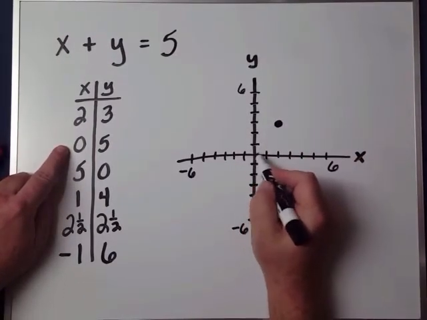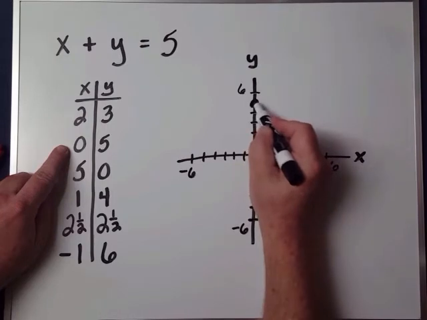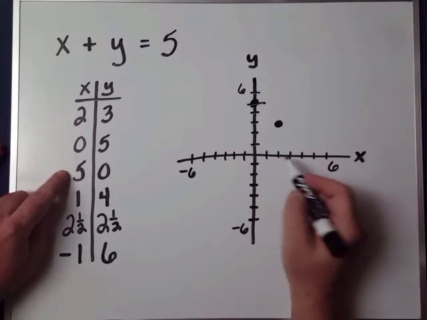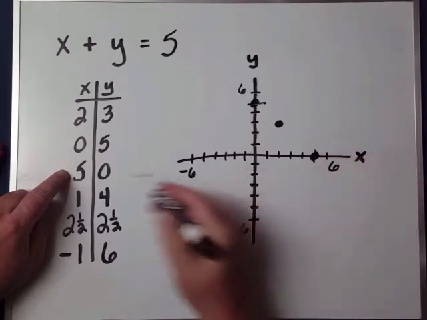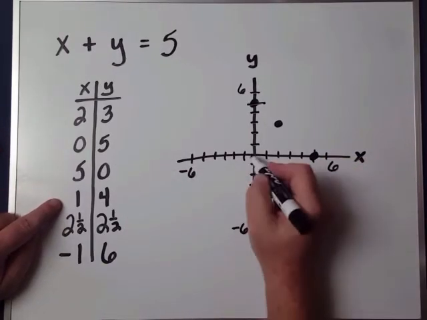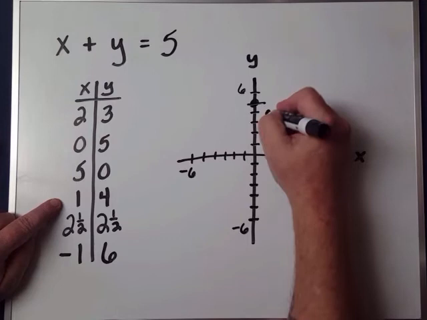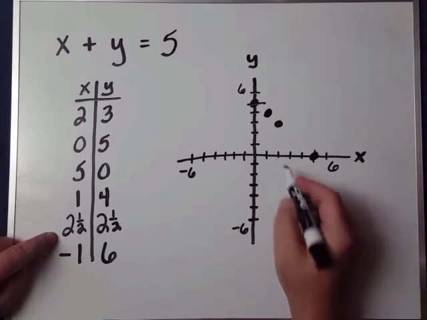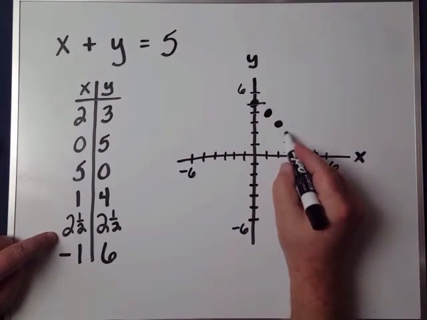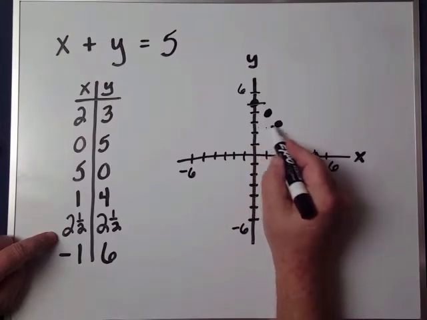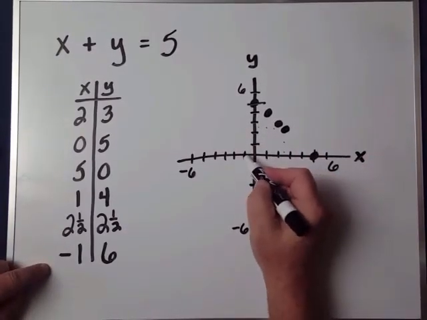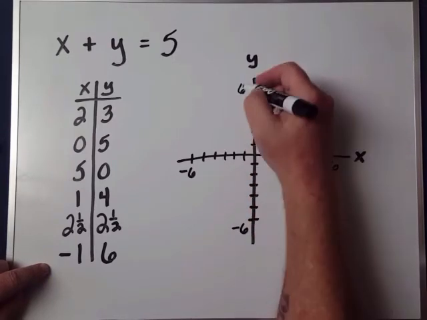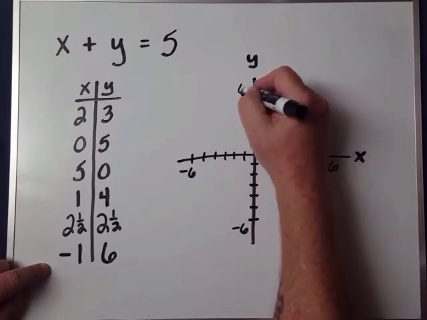No motion in the x direction, up to 5 on my y-axis. The point 5, 0, here at 5 on the x-axis, with no motion up or down. The point 1, 4. 2.5, 2.5, about right there. -1, +6, here in the second quadrant.